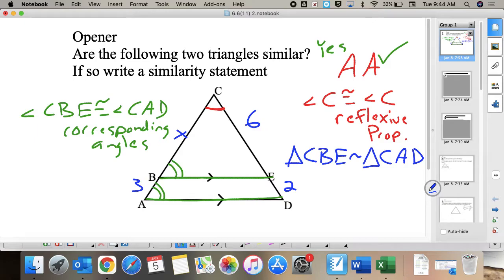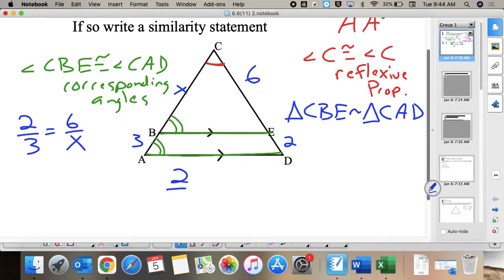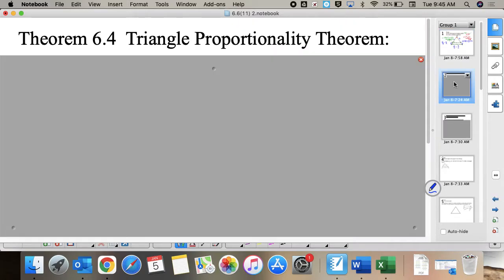So when I compare the 2 to the 3, for example, it would have to be the same as comparing the 6 to the x. Or if I compare the 2 to the 6, it's going to be the same as comparing my 3 to my x. Any of those will work out just fine, and then you'll be able to cross multiply and find those pieces. And that's what our first theorem here says.